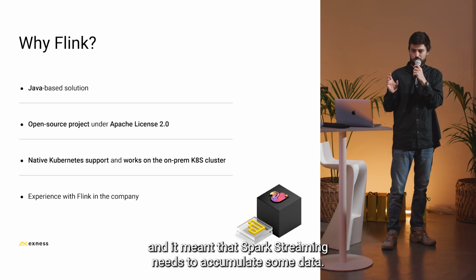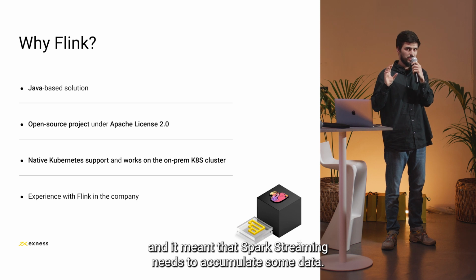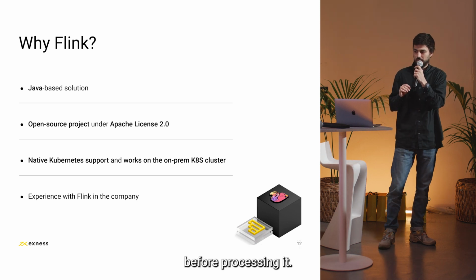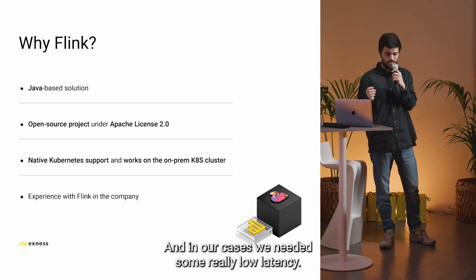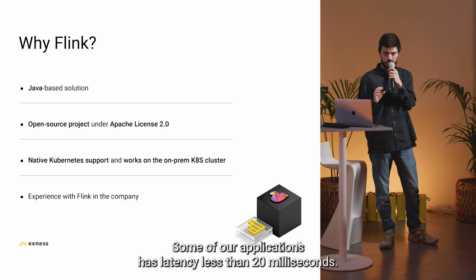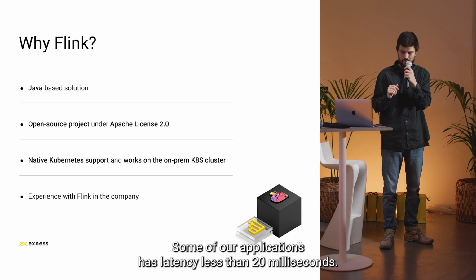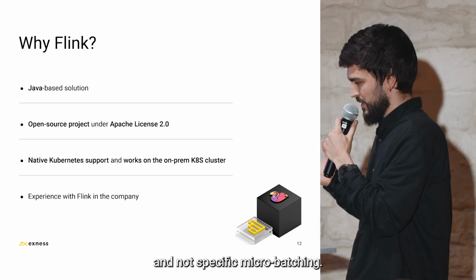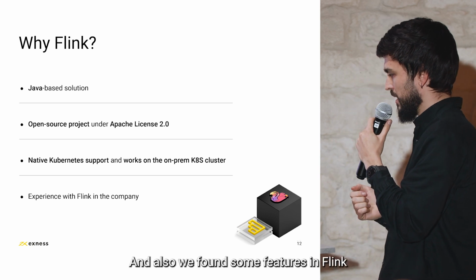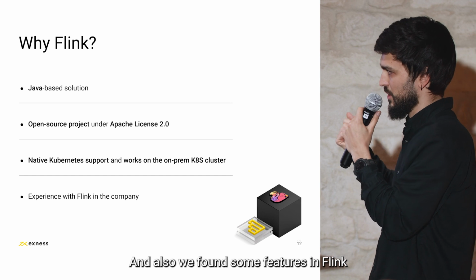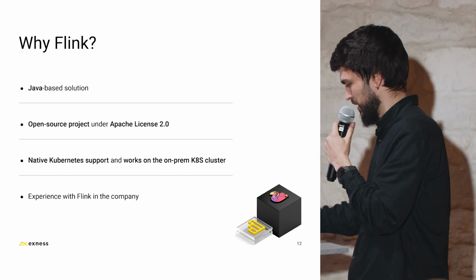It means that Spark Streaming needs to accumulate some data before processing it. And in our cases, we needed really low latency. Some of our applications have latency less than 20 milliseconds. So we really needed something very fast and not micro-batching. And also, we found some features in Flink that we couldn't find in Spark Streaming.